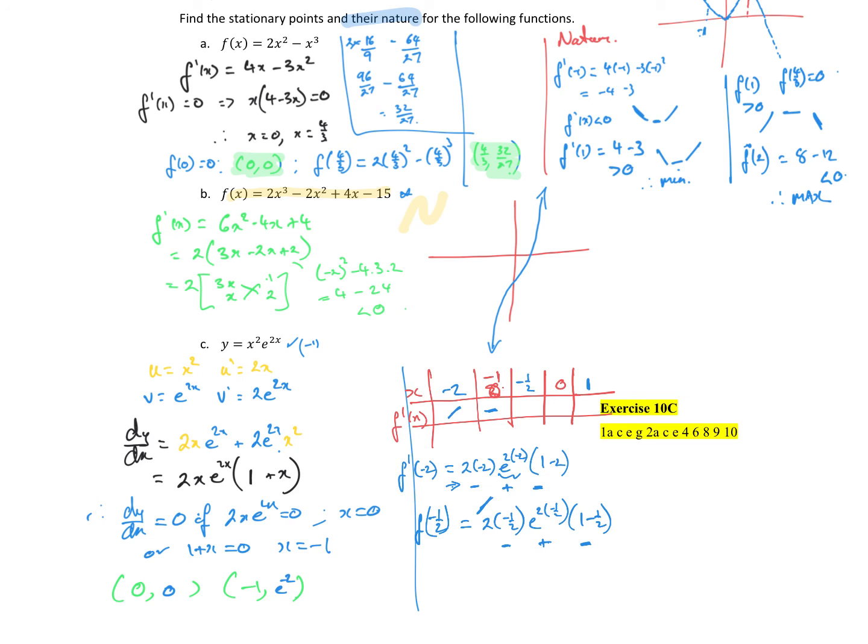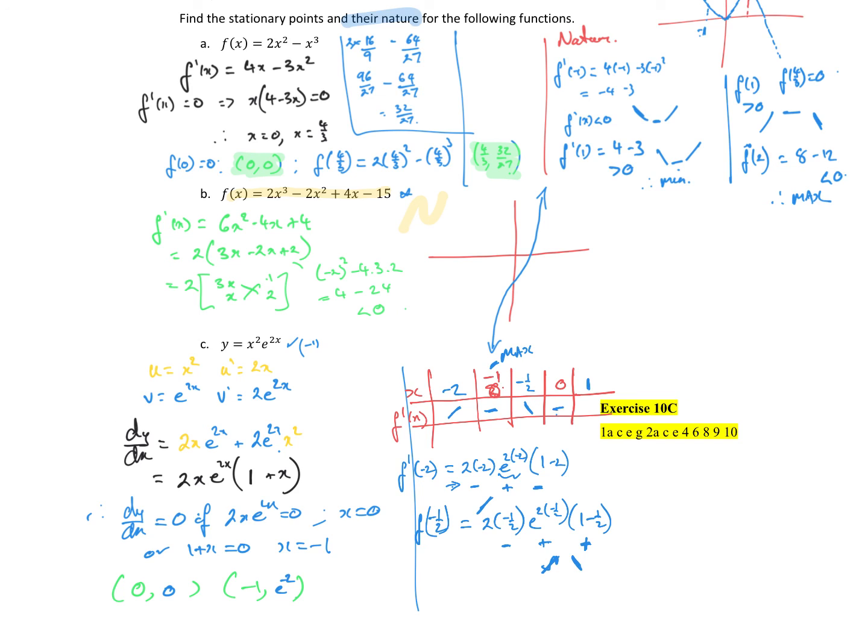So that gives me a positive value. Sorry, let's go back. 1 plus 1/2 is positive, isn't it? So that actually gives me a negative value. So that's okay. So at -1/2, I should say, I'll get a negative gradient. So that makes that point there a maximum.